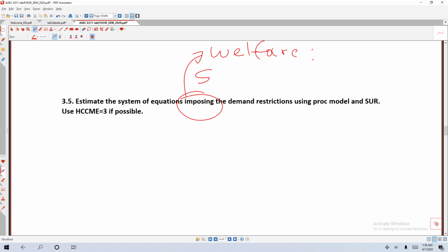So you have your system. Since that is derived from economic theory, you can go back to your expenditure function, or you can go back to your indirect utility function, depending on the demand system that you have.